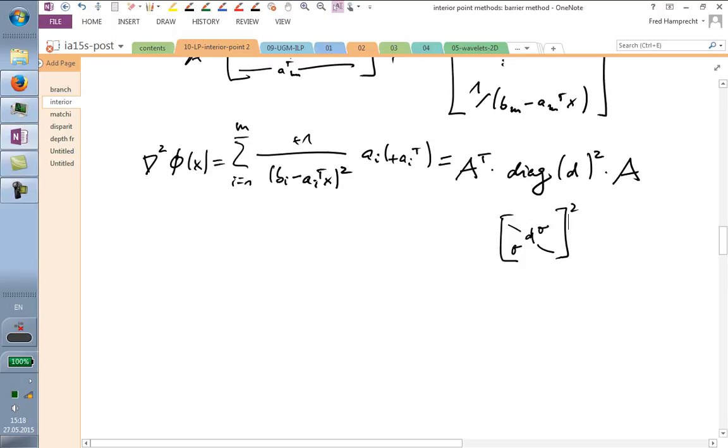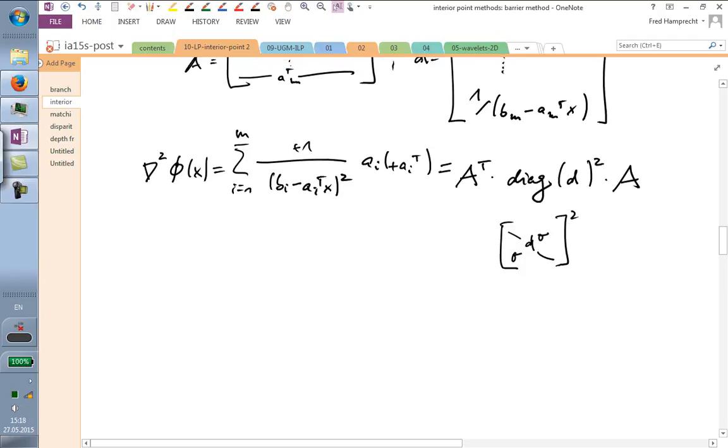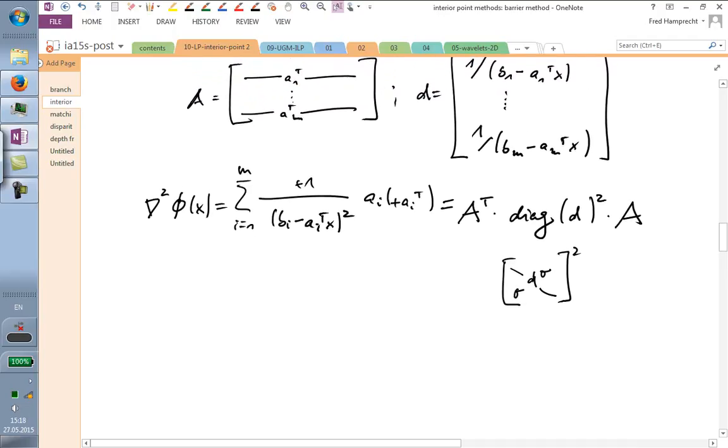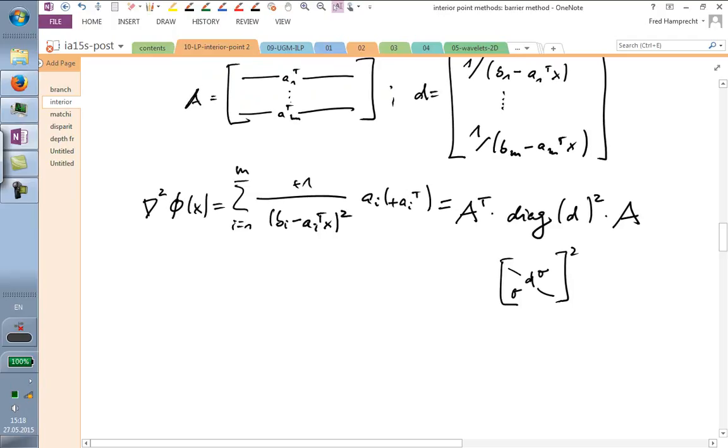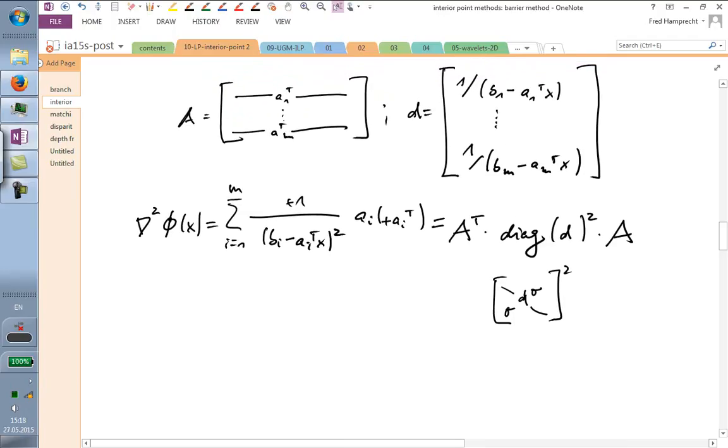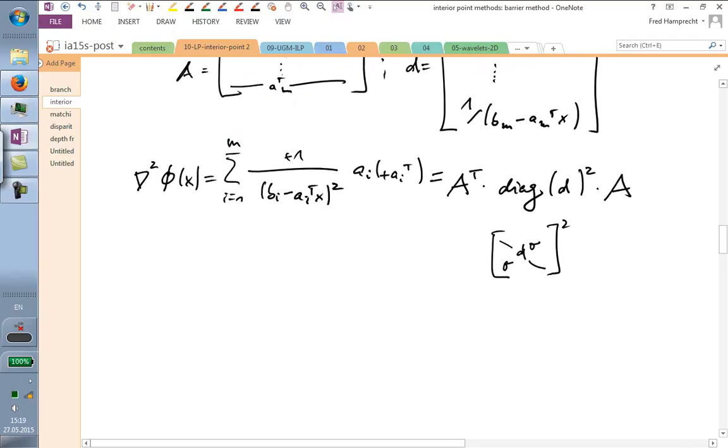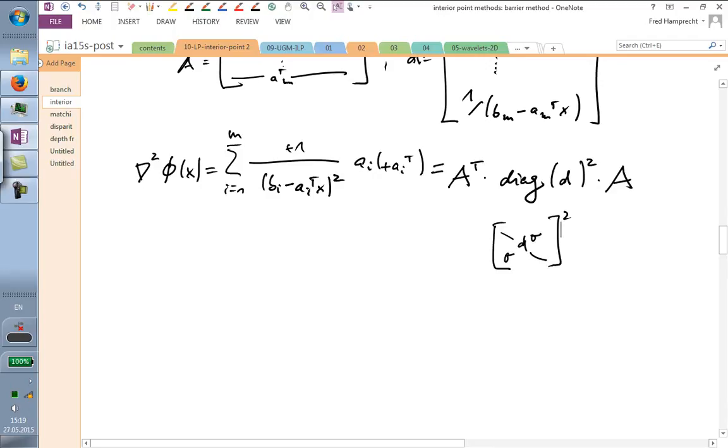And just by the way, in the feasible domain, this barrier is convex, and if we take a sum of convex functions, the result is also convex. But in this case, you can also show it explicitly by looking at this matrix and asking whether it is positive semi-definite or not.